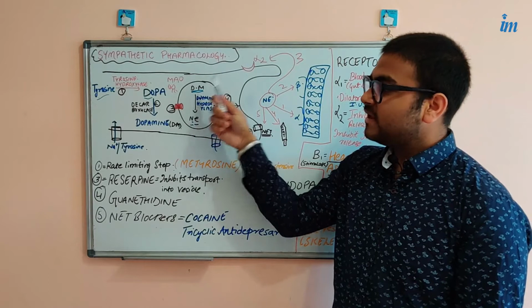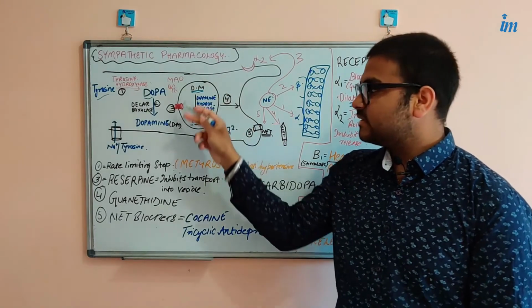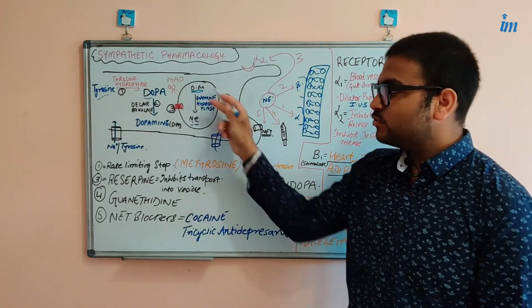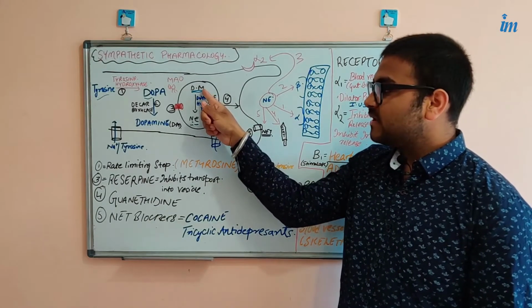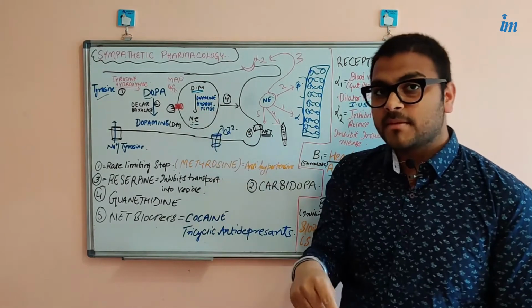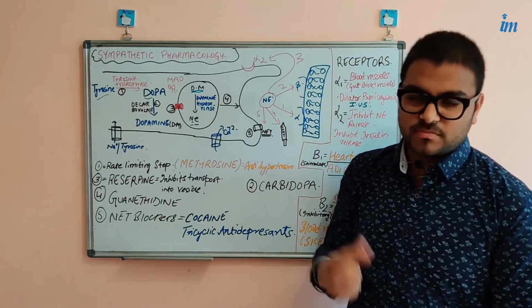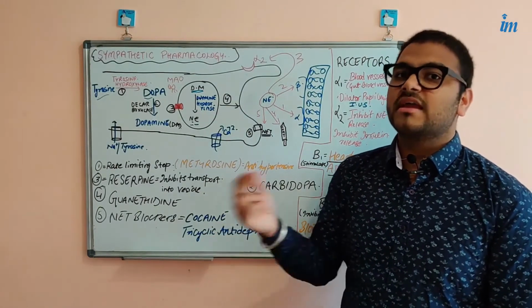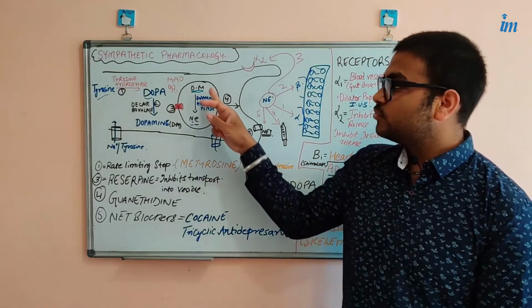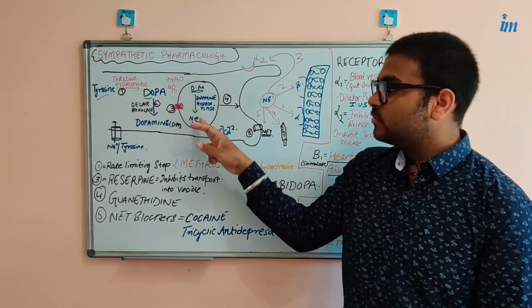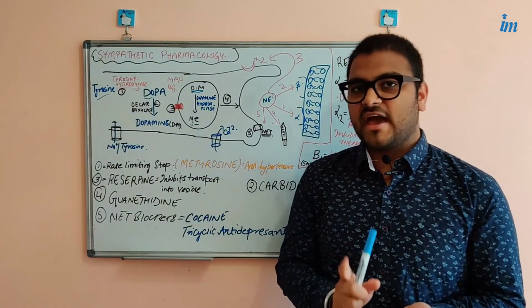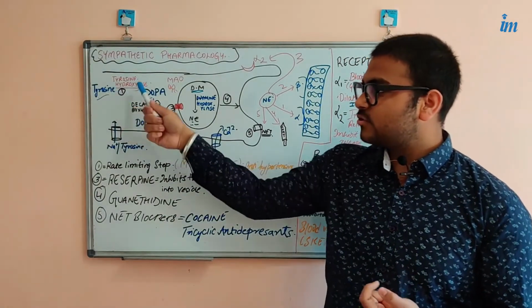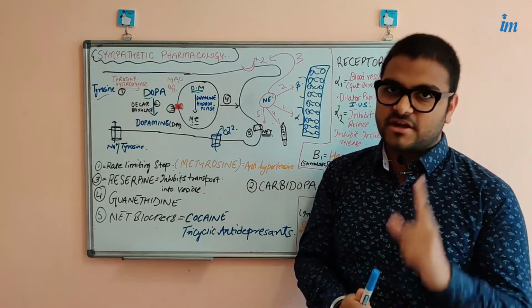Okay, now the dopamine is in the synaptic vesicle, the safe zone for the dopamine. In these vesicles, the dopamine is again acted on by an enzyme, dopamine hydroxylase. You will again add a hydroxyl group to dopamine, and it will get converted into norepinephrine. So three enzymes we have talked about. First enzyme, tyrosine hydroxylase, so the first step is hydroxylase.